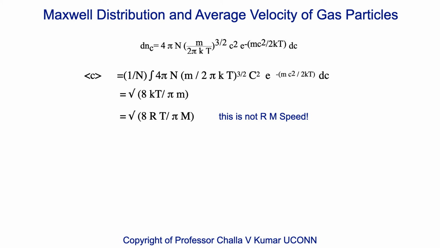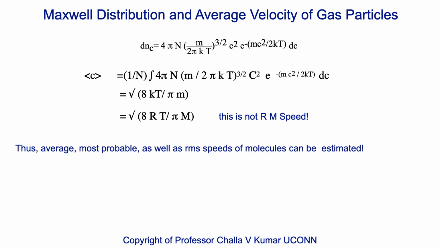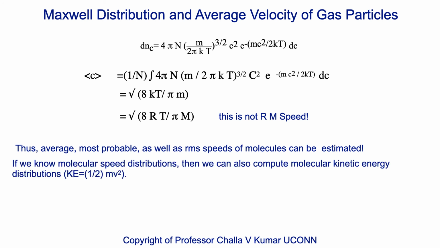And the same with Boltzmann constant multiplied by Avogadro's number gives me gas constant R. So this is not the root mean square speed, but this is the average speed. Also the most probable speed, as well as RMS speed, can all be estimated from the Maxwell distribution. So this is one of the useful properties of distribution functions in physical chemistry.